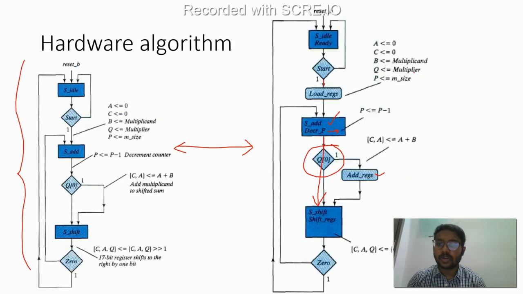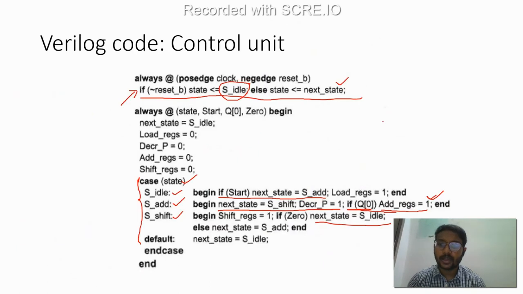So depending on this q of 0, the controller will decide whether it should add or not. That is what you write in the control unit. Depending on your status signal q of 0, the controller will tell you the next step, whether to add or not to add. By default, you write add register as 0.